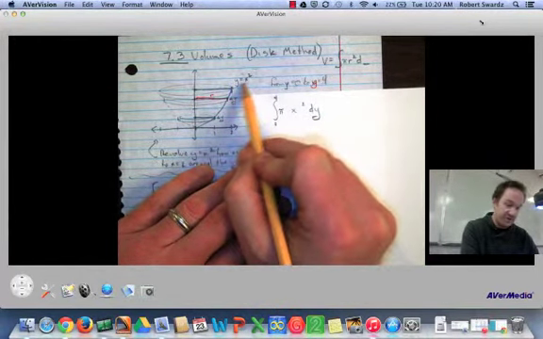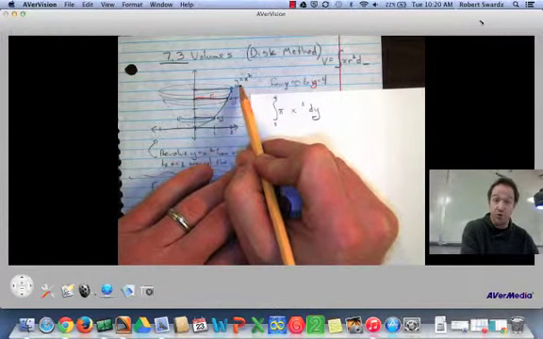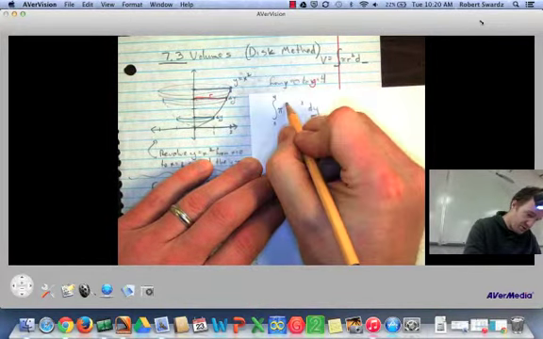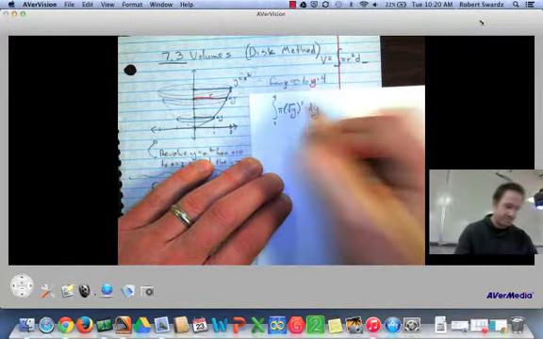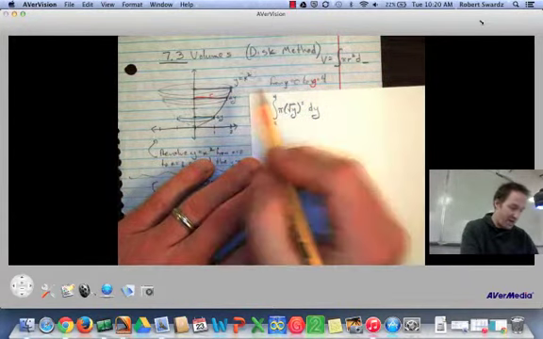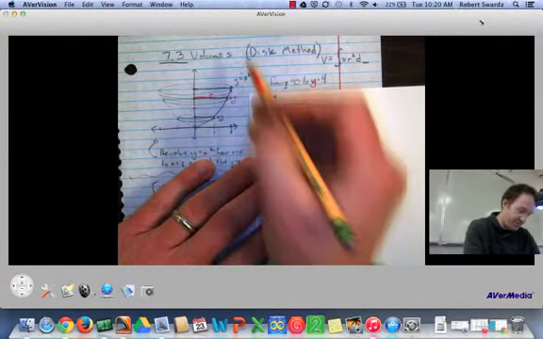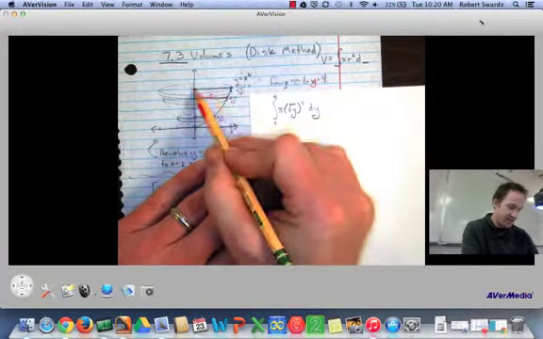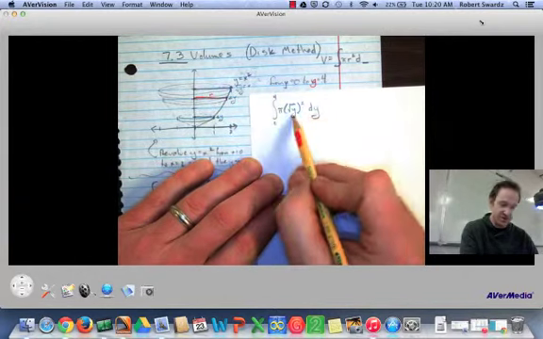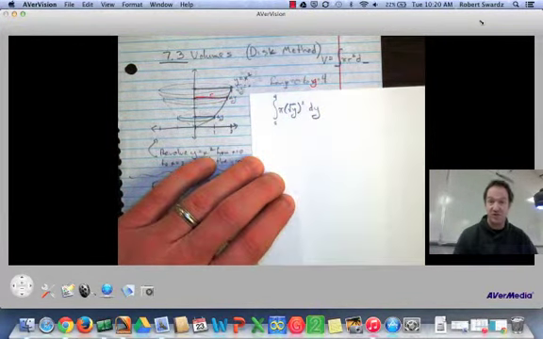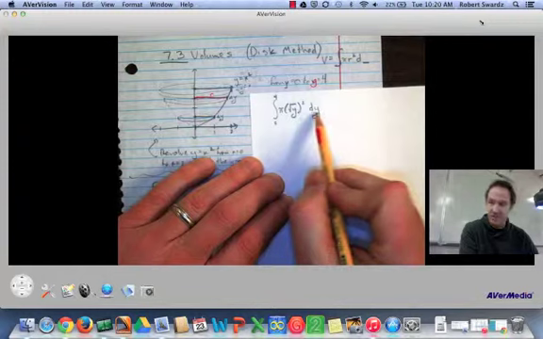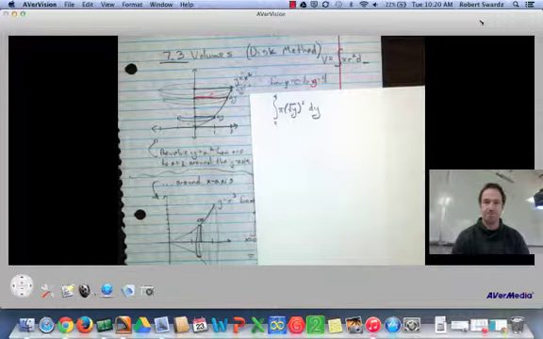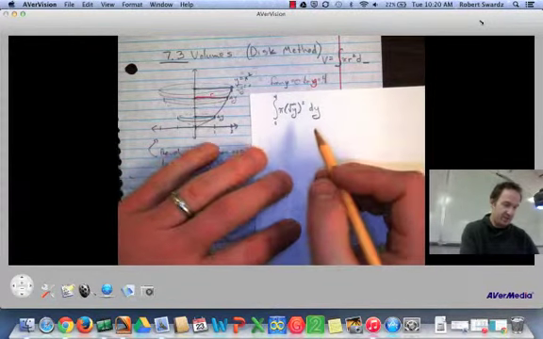If you solve y equals x squared for x, you get x equals the square root of y. So the square root of y is our radius. That x coordinate is the radius of our disk. We're squaring it because pi r squared is the area of a circle, times the thickness of the disk, and the integral from 0 to 4 adds them all up. And so there's our integral that gives us the volume.